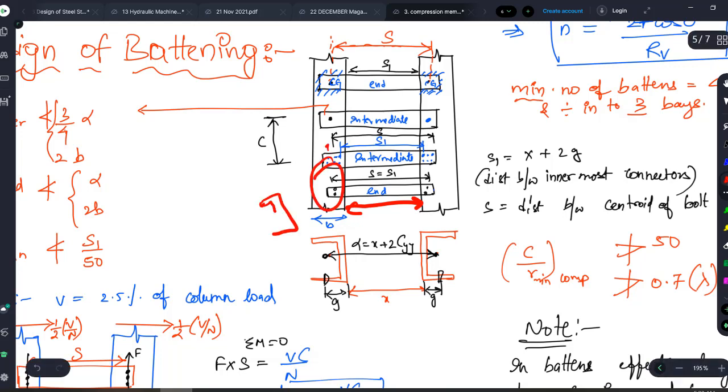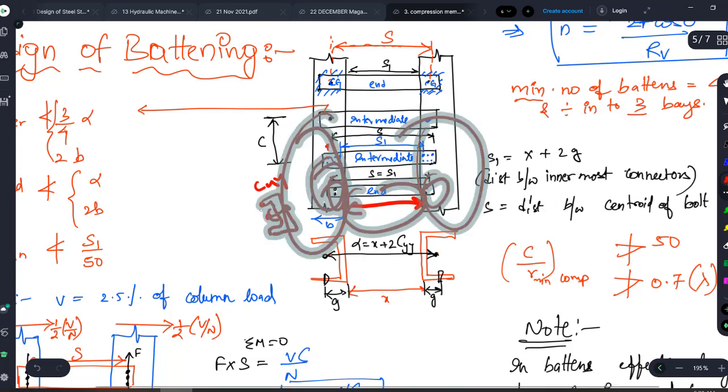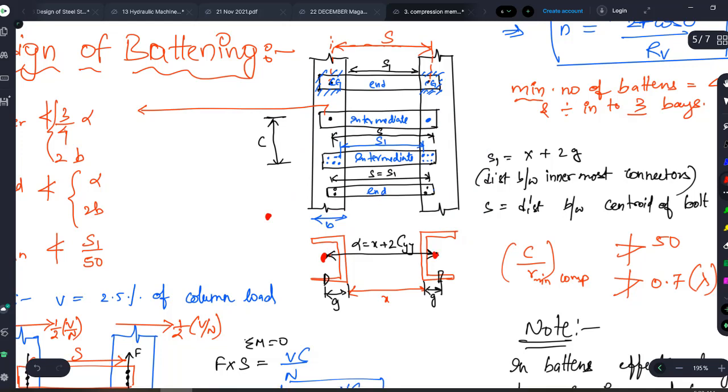The centroid will be somewhere here, right? The distance I am calling CYY. So your alpha is the clear distance plus CYY here, CYY here, right? CYY of this C section, CYY of this C section. You can just call it the distance between your two centroids. So alpha is x plus 2 CYY. You have to remember this.